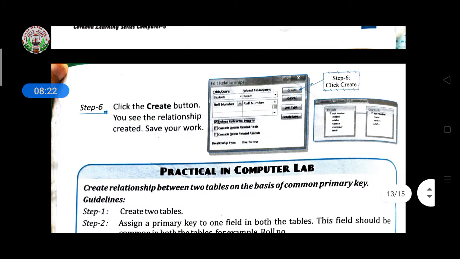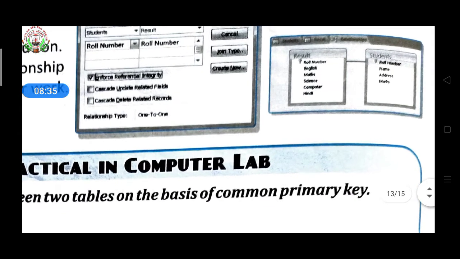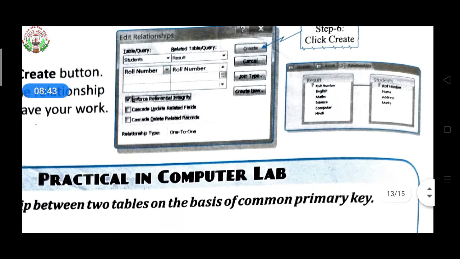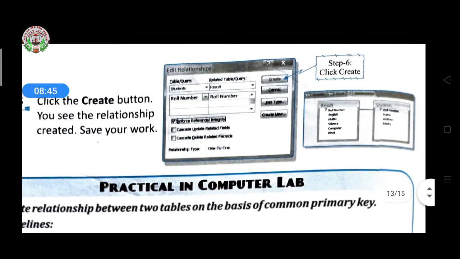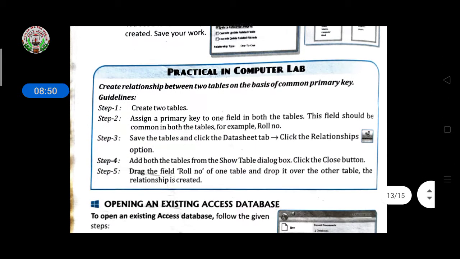Then click the Create button, and you see the relationship created and saved. Here you see the result and student field names displayed. The roll number is common in both tables, so they merged on roll number, and with the help of this they can access the data of both tables within one query.